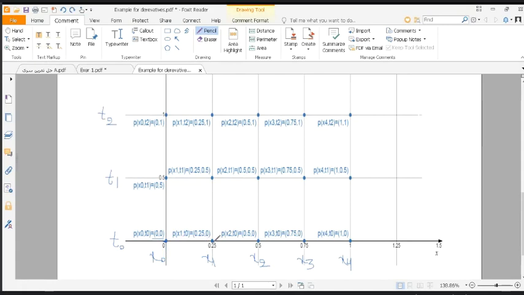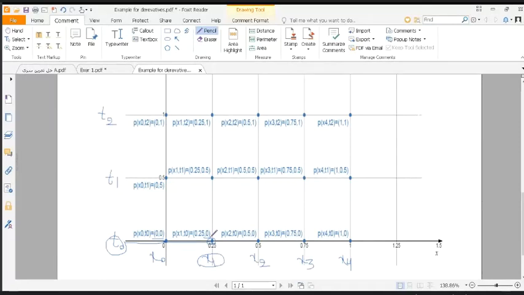What about this point? The x for this point is x1, and the t is t0. The coordinate of this point is 0.25 for x and 0 for t. Is it okay until now? Okay.